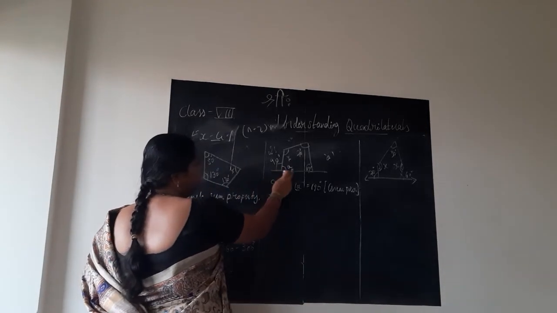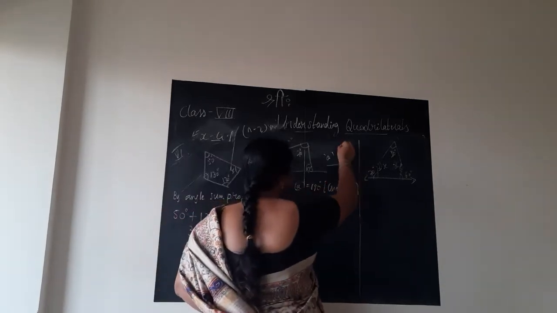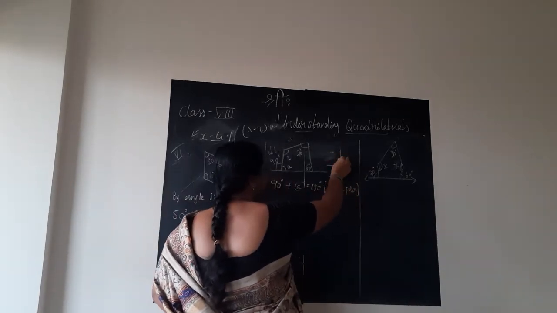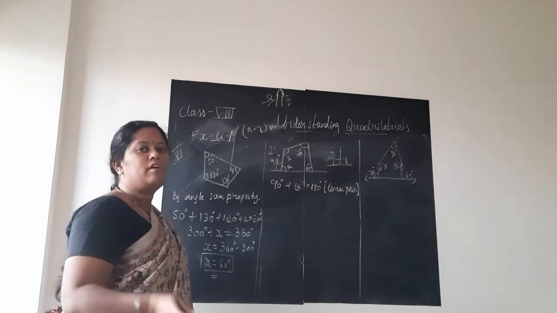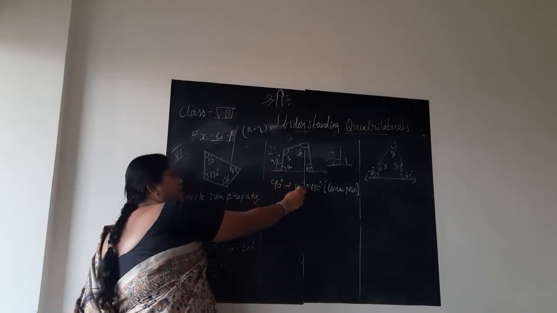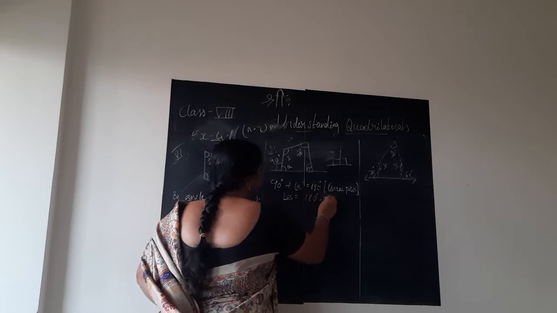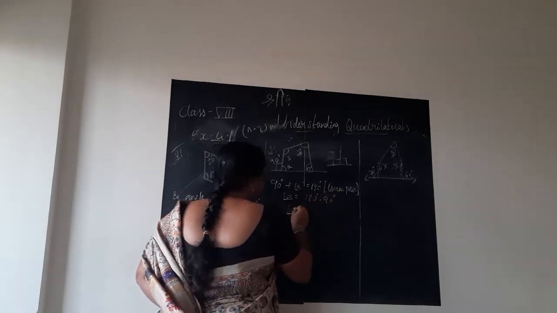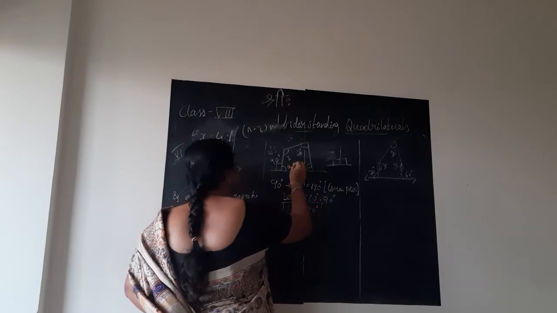Linear pair means on the same straight line, if you have a straight line like this and a slant line like this, then these two angles make the linear pair, and the sum of linear pair is always 180 degrees. So 90 plus A is 180 degree means angle A is 180 degree minus 90 degree. Clearly, angle A, we got it to be 90 degree.